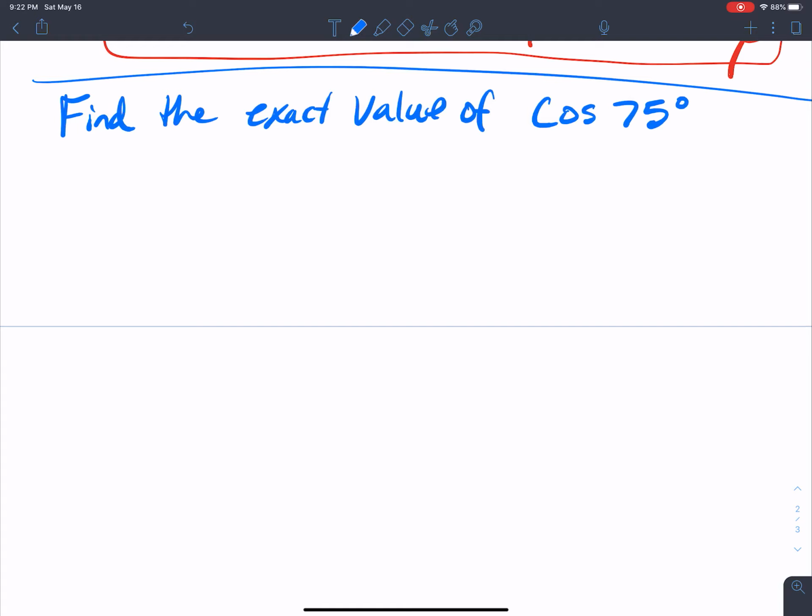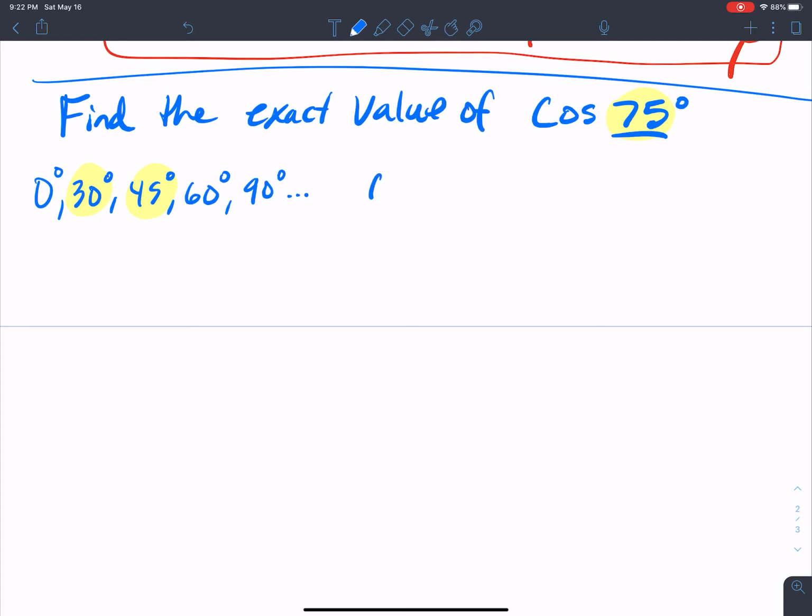Well, we don't have a formula we know 75 degrees for, but what we do know how to find it for 0 degrees, 30 degrees, 45 degrees, 60 degrees, 90 degrees, right? So is there a way we can combine what we do know to get 75, whether it be through addition or subtraction? And in fact, I can get 75 if I add 30 degrees and 45 degrees.